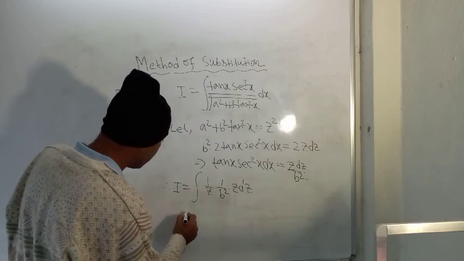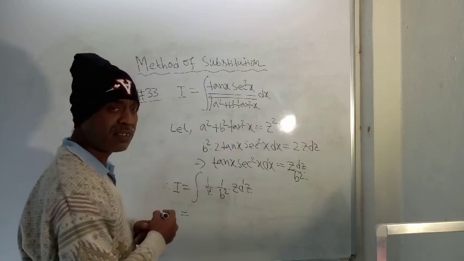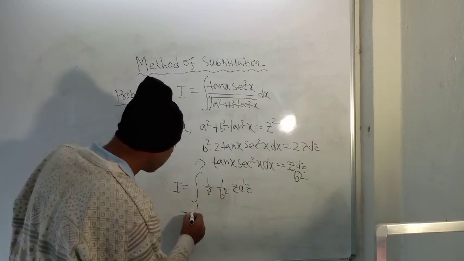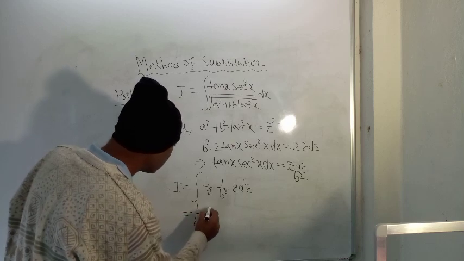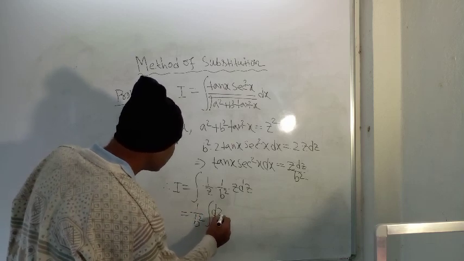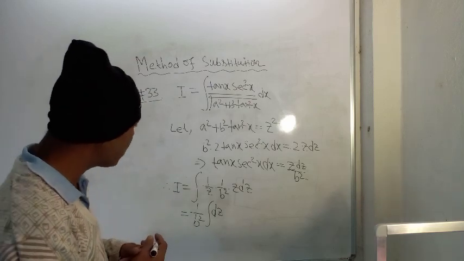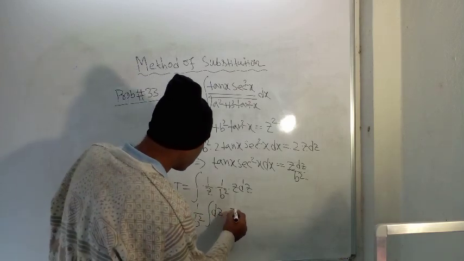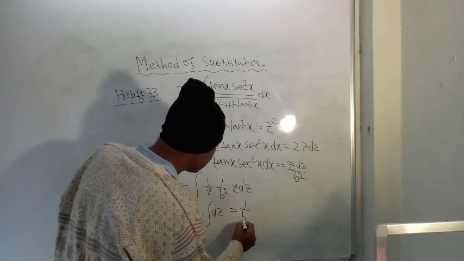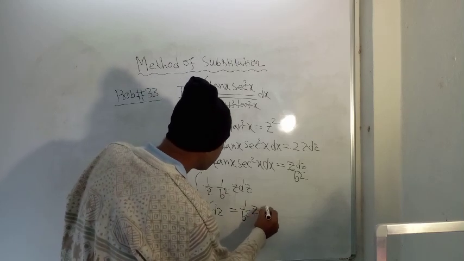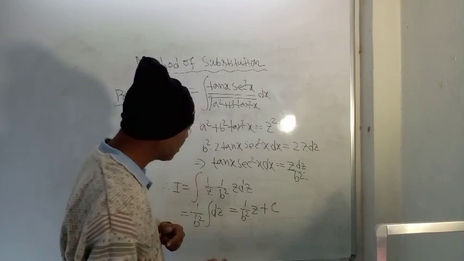And 1 by b square is a constant, so it can be taken outside the integral sign. The remaining thing is integration of dz only, and integration of dz is nothing but z. So 1 by b square into z plus a constant of integration c.